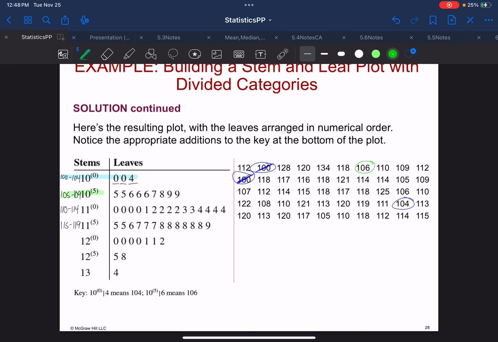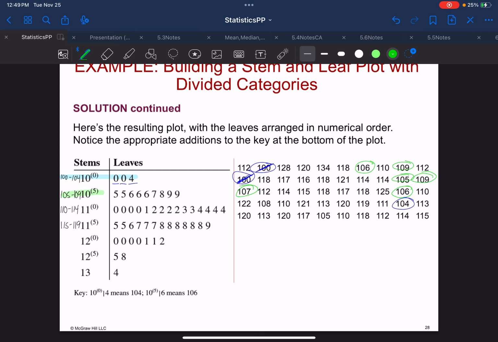So I have 106, I have 109, I have 105, 106, 107, 109, and that's 1, 2, 3, 4, 5, 6.